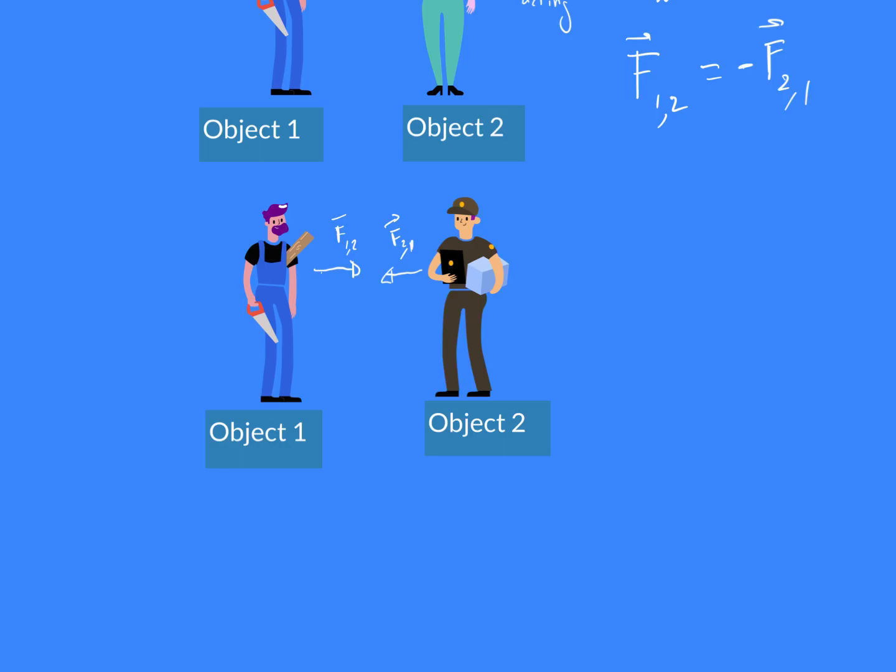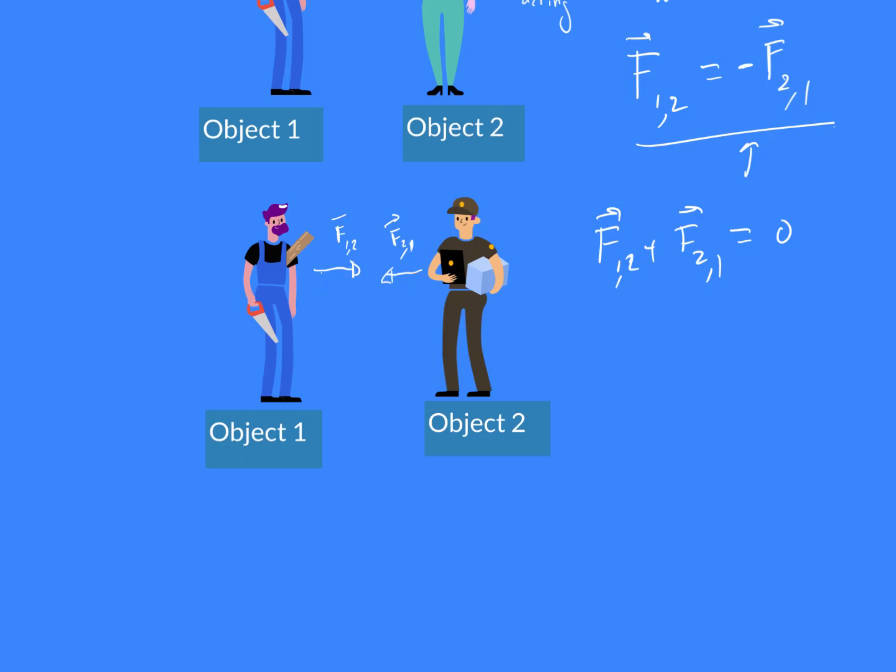It's true also that F12 plus F21, the force acting on 1 due to 2 plus the force acting on 2 due to 1, is 0. This comes from this relation. Also, you can see here that this force has the same magnitude as this force.